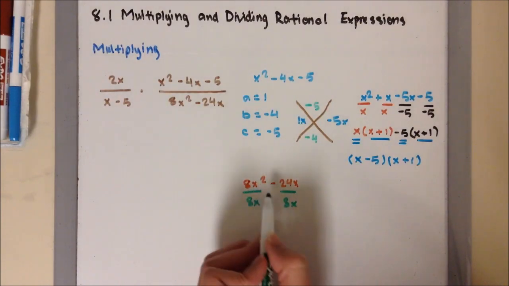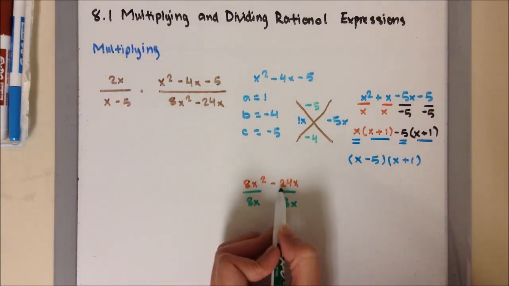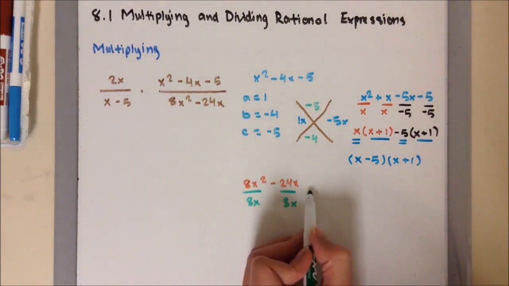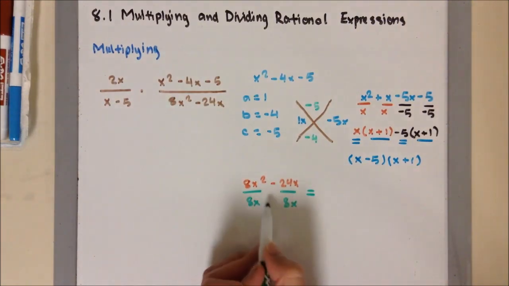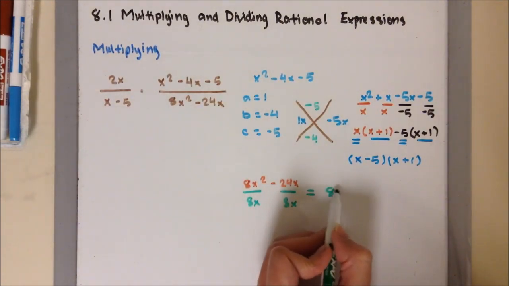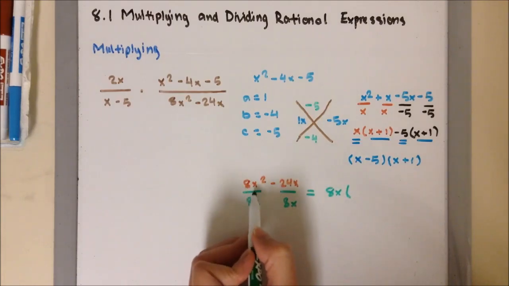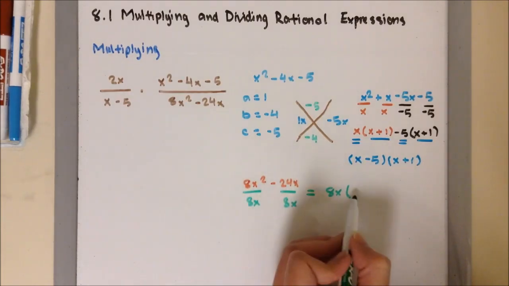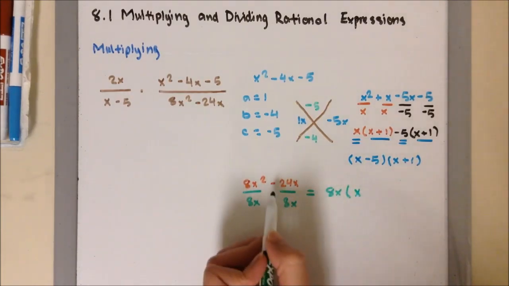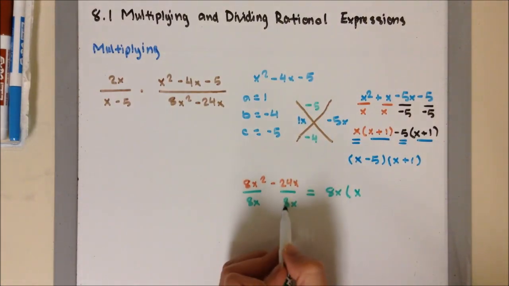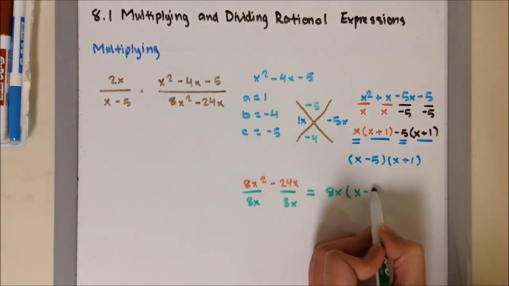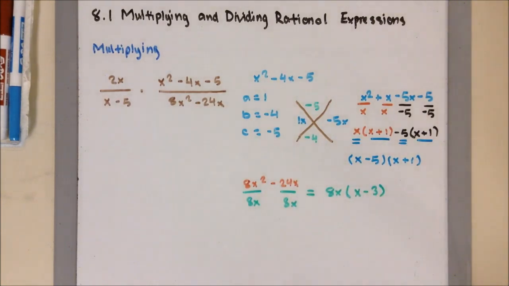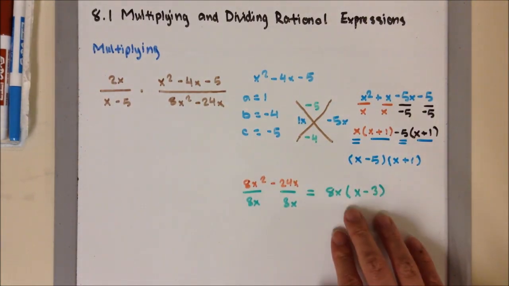So 8x squared divided by 8x and negative 24x divided by 8x. My GCF will be on the outside, so 8x. 8x squared divided by 8x will simply be x. Negative 24x divided by 8x will be negative 3. So those are my factors for the denominator.